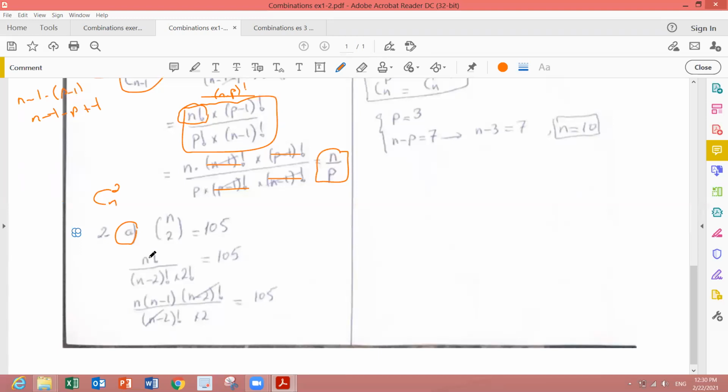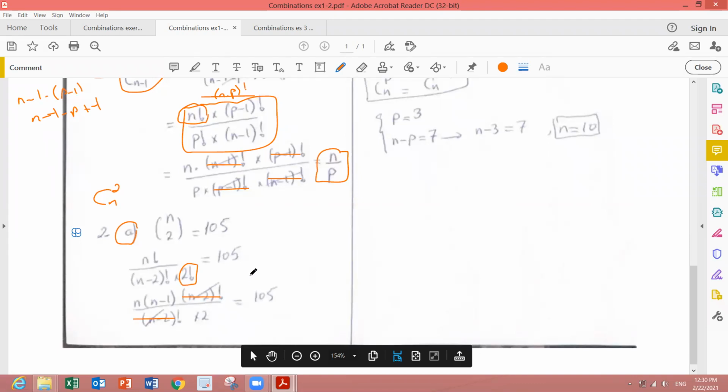Now n factorial over n minus 2 factorial, we can simplify them. So n factorial could be written as n times n minus 1 times n minus 2 factorial. I stop whenever I reach n minus 2 factorial, over n minus 2 factorial. 2 factorial is 2 times 1, which is 2. Simplified.